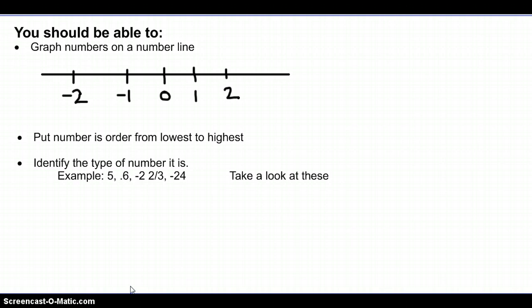What about -2 and 2/3? -2 and 2/3 is not a whole number. It has a fractional part to it. It's also not an integer because integers are whole but can be positive or negative. But it is indeed a rational number. Negative 24. Negative 24 is not a whole number because whole numbers have to be positive.